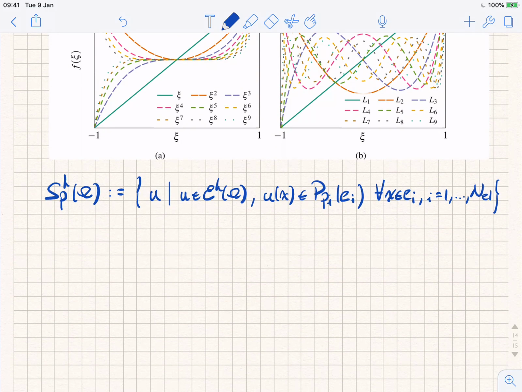Of course, we have to define what that P space is. This is the space of polynomials of degree less than or equal to p_i.